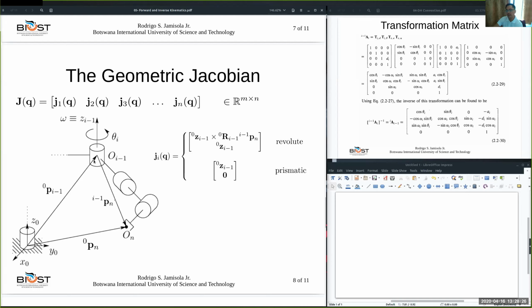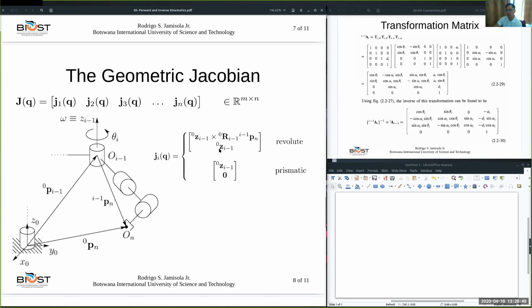As link i rotates, in this case only link i rotates. The rest of the joints are locked in position, and so we are looking at what could be the resulting motion of the end effector if joint i rotates about the z(i-1) axis.